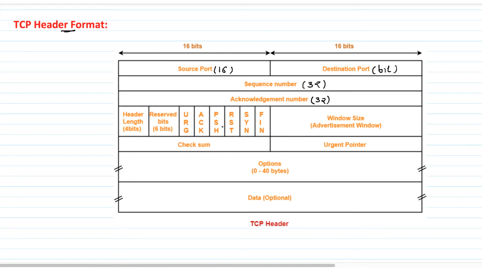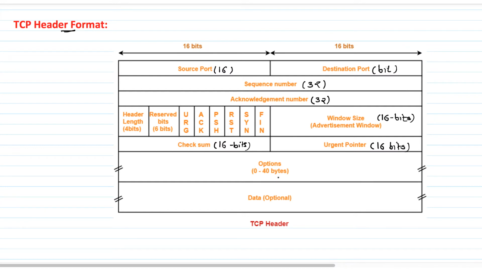These are known as flags. Window size also has 16 bits, checksum 16 bits, urgent pointer 16 bits, and after that the optional field will be there.